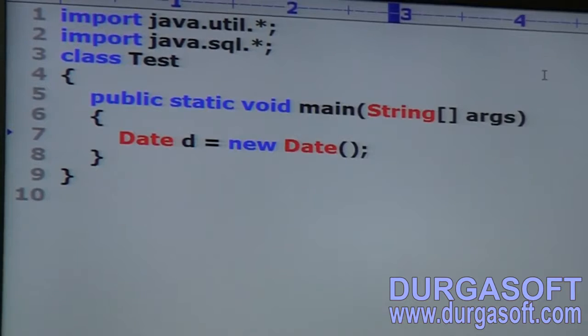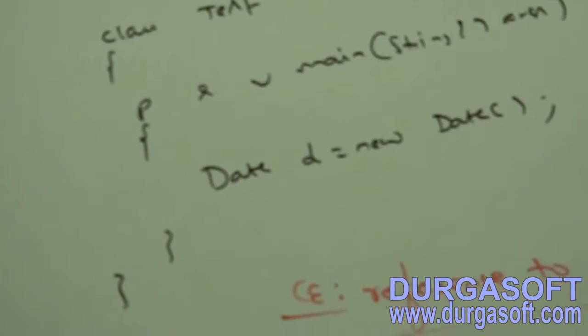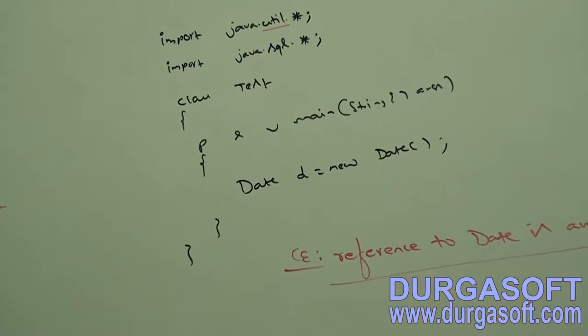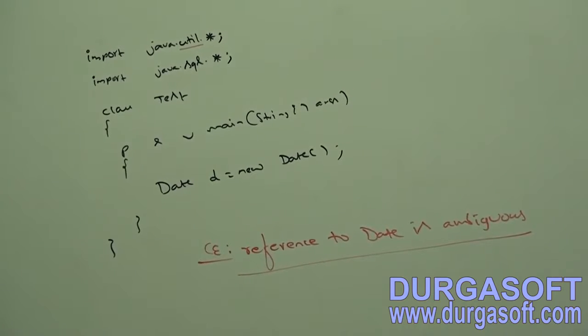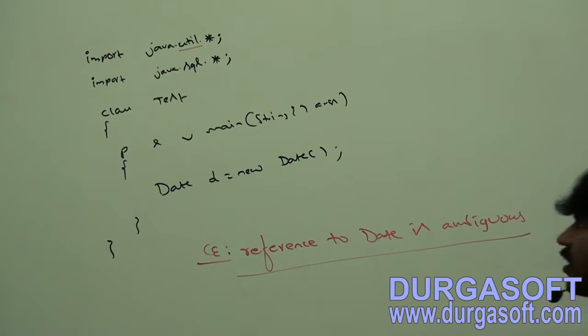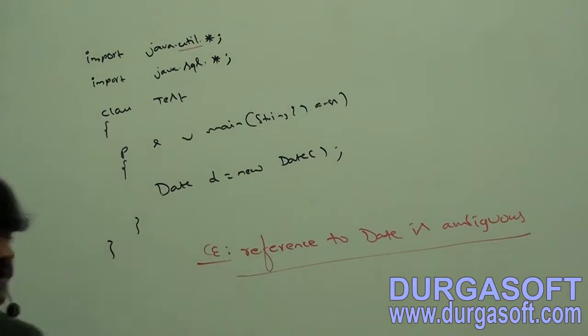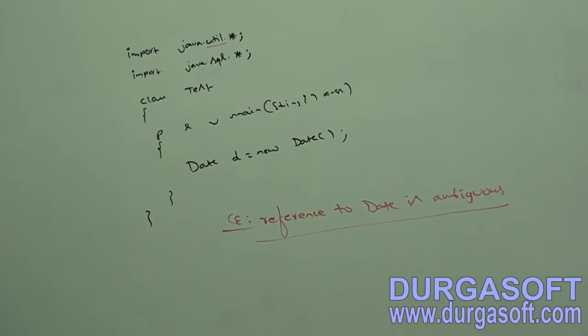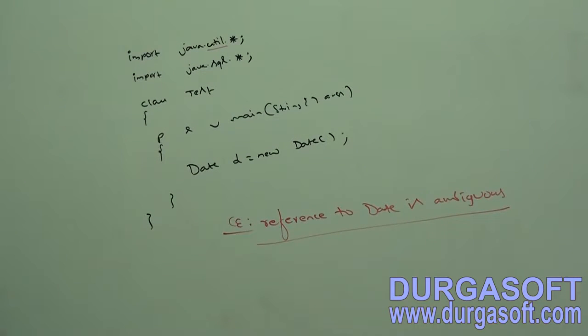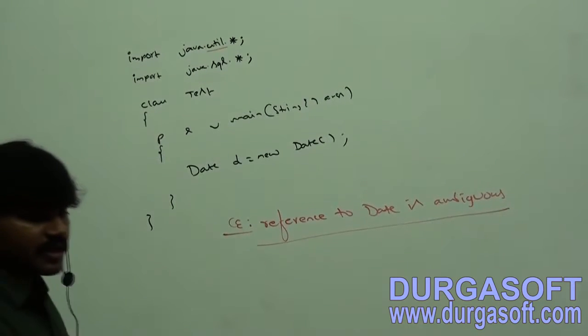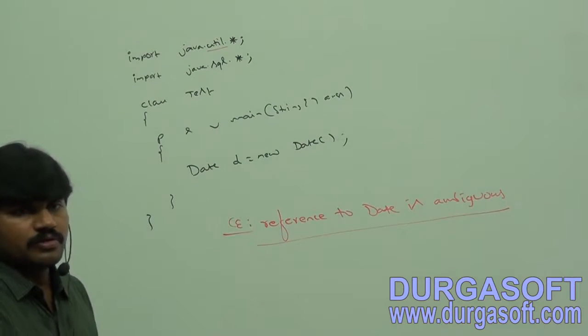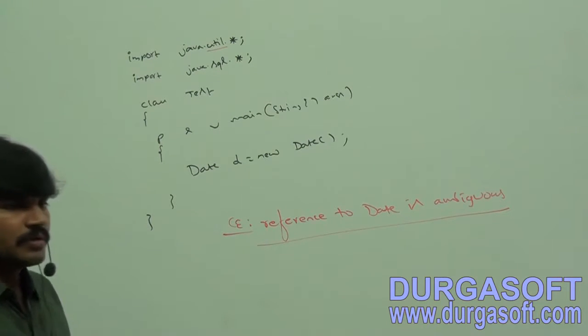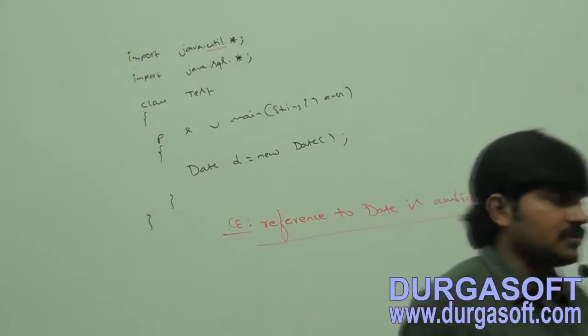Any explanation is required? Okay, take this case. Next case, take this one. import java.util.*; import java.sql.*; class Test { public static void main, Date d = new Date(); We are going to get compile time error saying reference to Date is ambiguous.